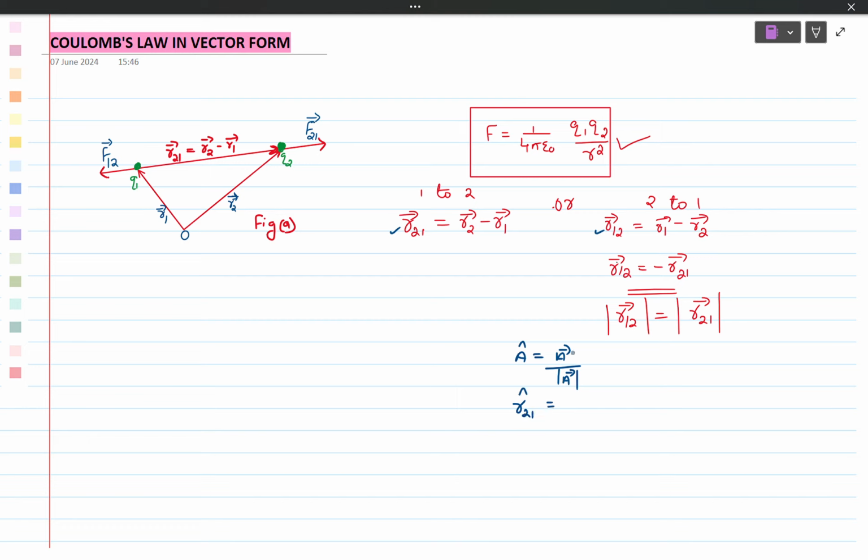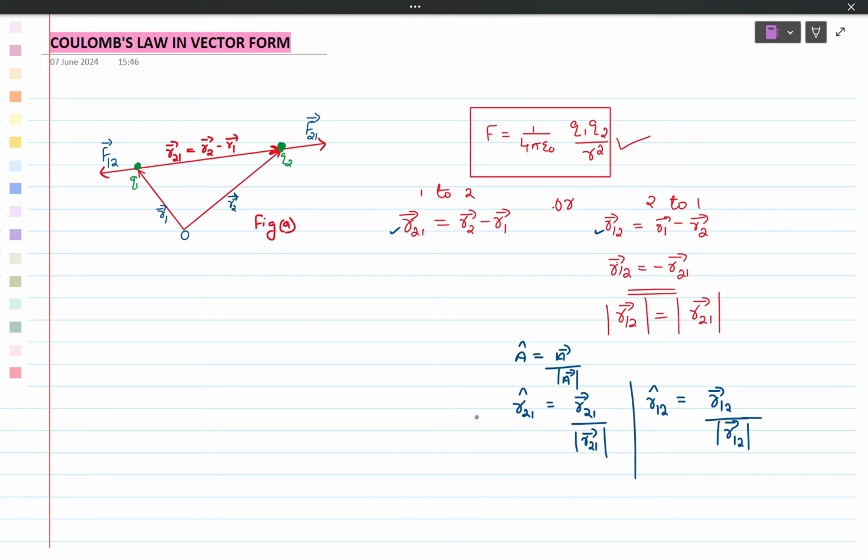Unit vector r21 cap can be expressed as vector r21 by modulus r21. In the same way r12 can also be represented as a unit vector, r12 cap equals vector r12 by modulus vector r12. So this way we can represent the r21 and r12 unit vectors. Now we got the unit vectors.